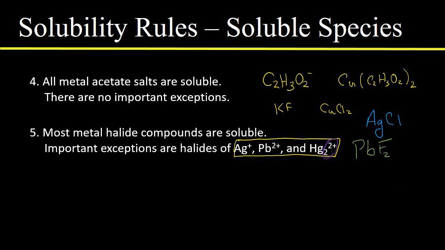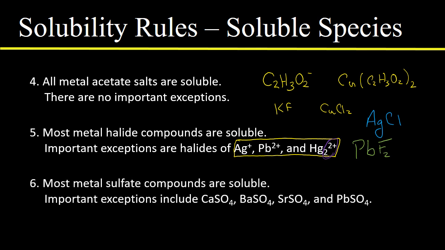And our last rule for soluble species: most sulfate compounds are soluble. So things like cobalt sulfate, nickel sulfate, iron sulfate, potassium sulfate, all of those are going to be soluble.